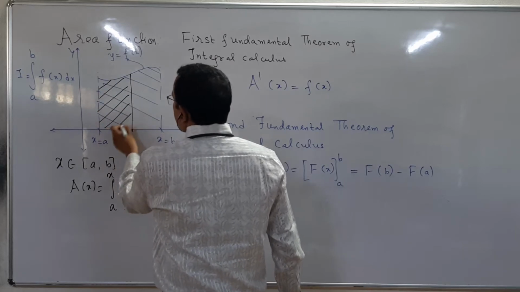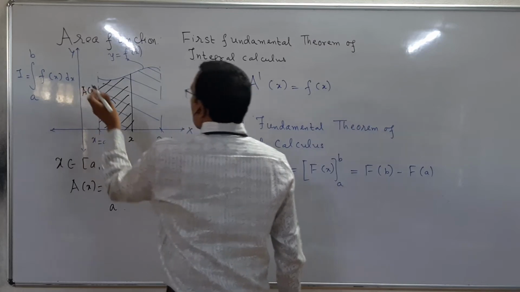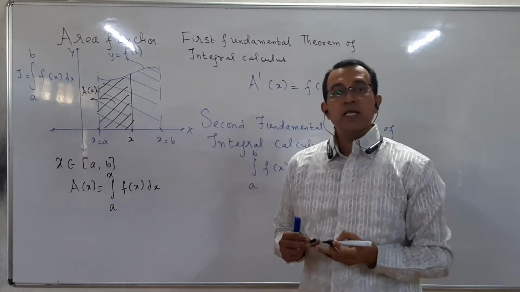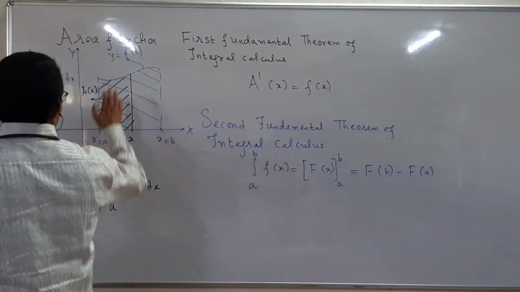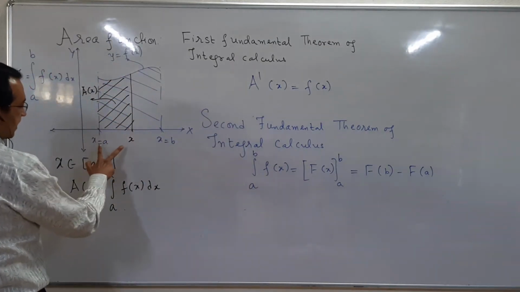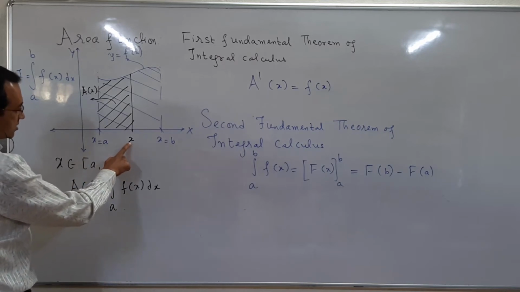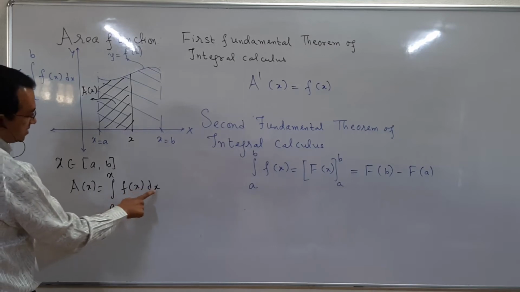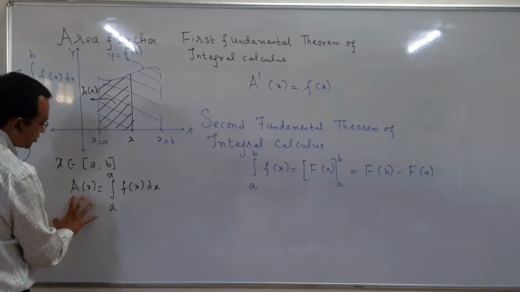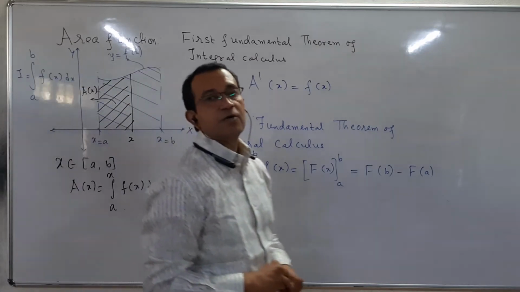So if x is a value belonging to closed interval [a, b], and if I want to find the area bounded by this curve, the x-axis and between these two lines, then it is dependent on x. So this area is obtained as integral a to x f(x) dx, and this function A(x) is defined as the area function.